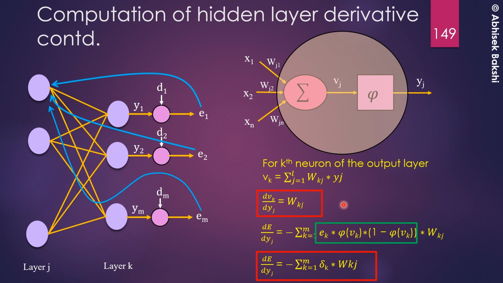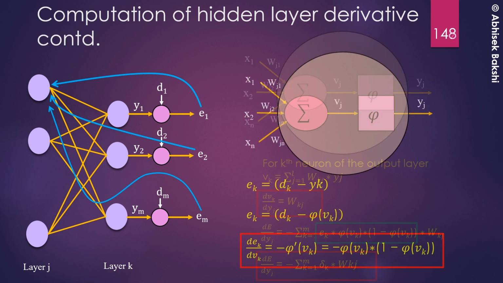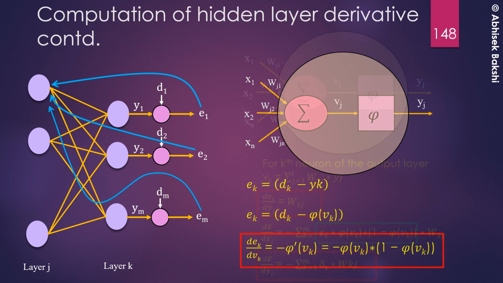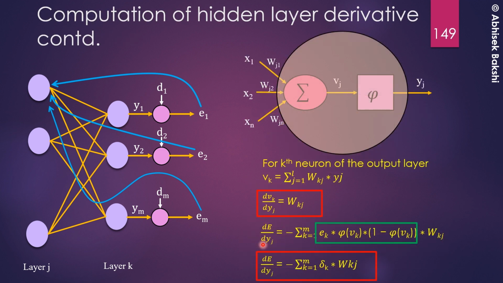Now try to understand what my goal was previously. My goal was to find the derivative of error with respect to yj. So if you go to this equation, the derivative of error with respect to yj is this equation multiplied by wkj.